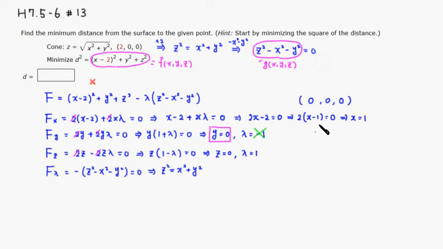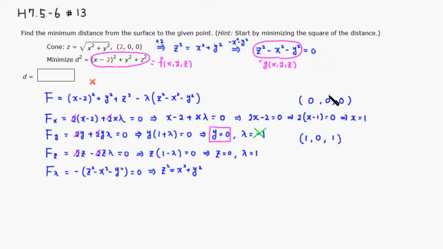So if lambda equals 1, x is 1 and y is always 0. The z value can be found by plugging in: z squared equals 1 squared plus 0 squared, so z is 1.